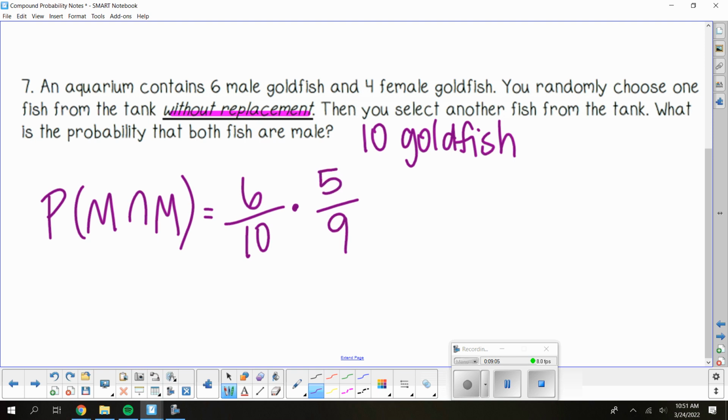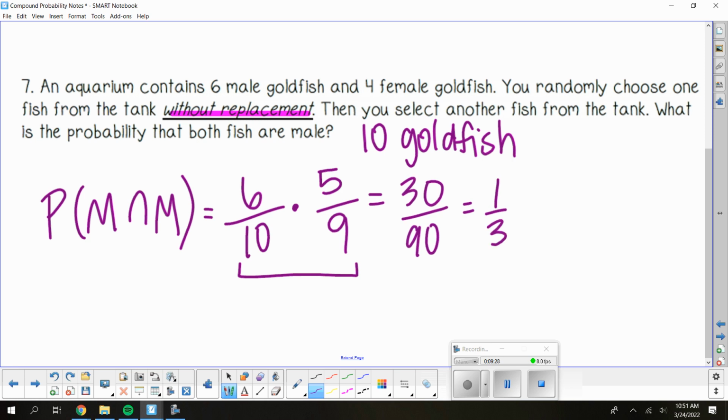And I'm multiplying. So this bottom number is going to change anytime that you aren't replacing something back in. The top number may change, it may not change. It depends on if you're drawing the same thing back to back or something different. So when I do that, I am going to get 30 over 90. Always reduce to a 1/3 chance.